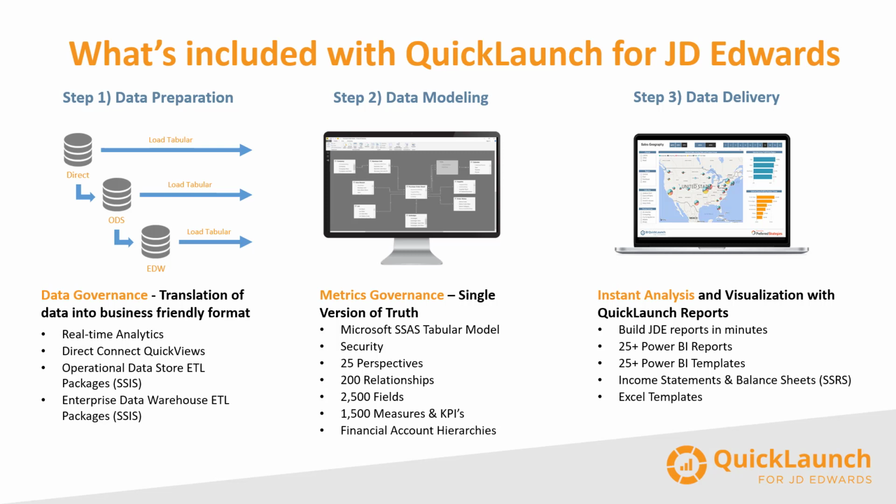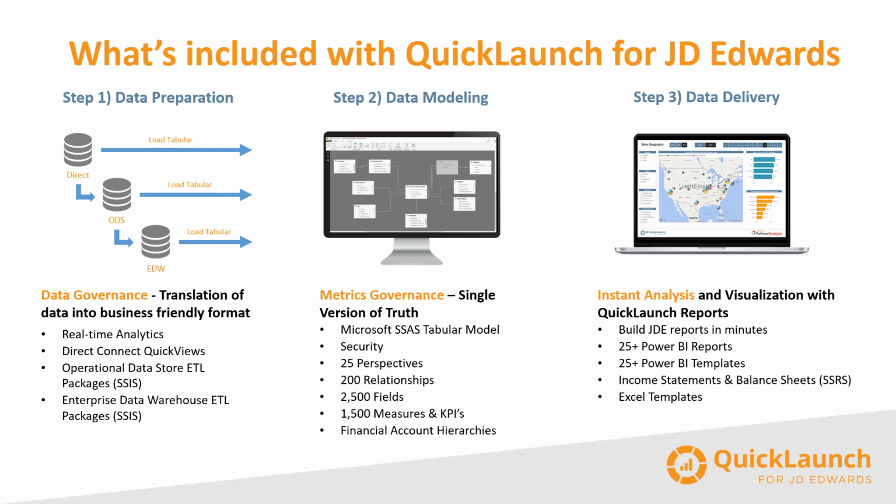And so we also have other KPIs on the financial side for controllers or CFOs, things like current ratio, quick ratio, inventory turns, AR turnover, days receivables, and so on. So that's what's happening in the data model.